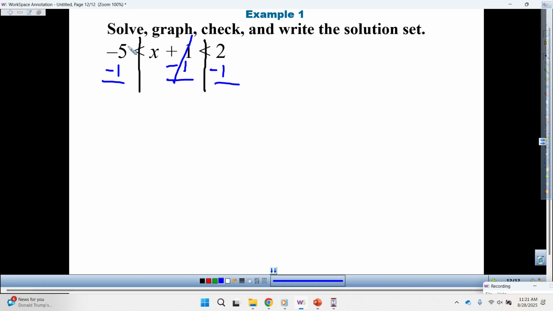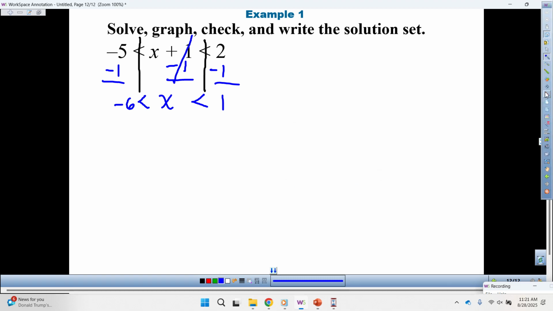This cancels in the center. So on the left, we end up with -6 less than, bring down the x, less than 1. Are we done? Yes, because the x is by itself. All right.